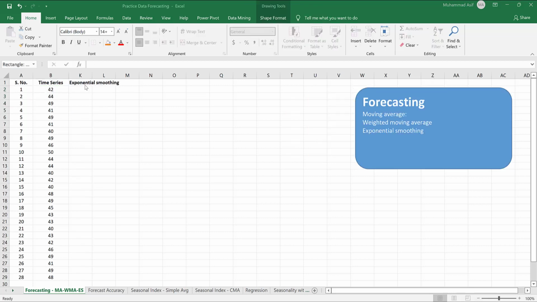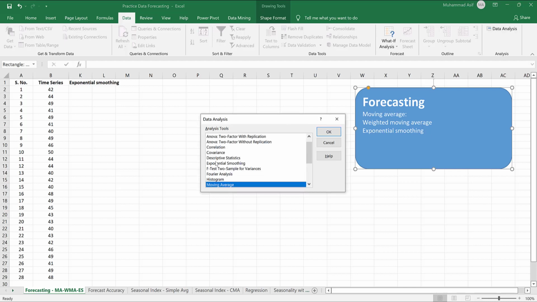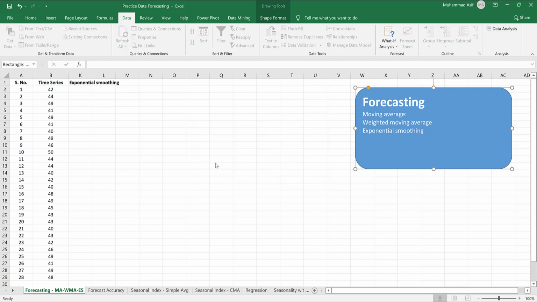Next method is exponential smoothing. For exponential smoothing, again, click on data and then data analysis, and then we have exponential smoothing here.